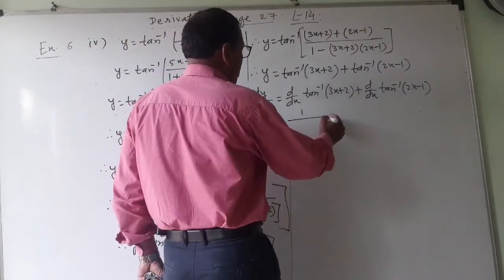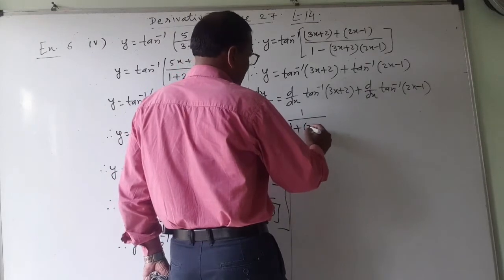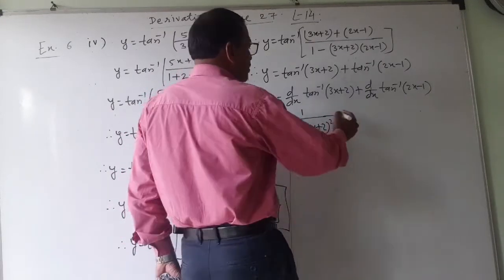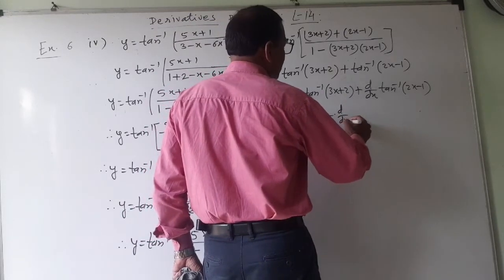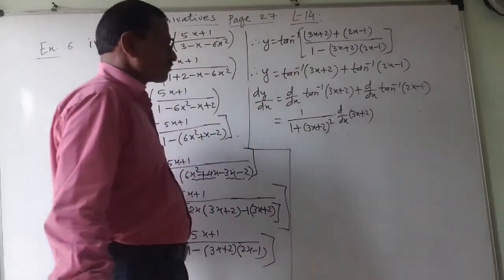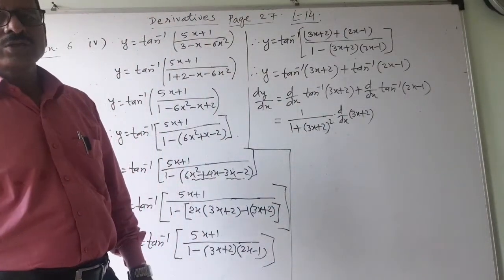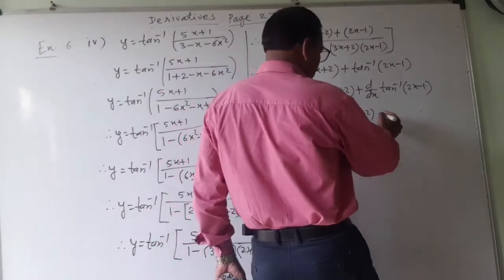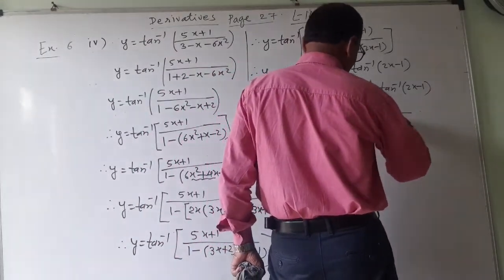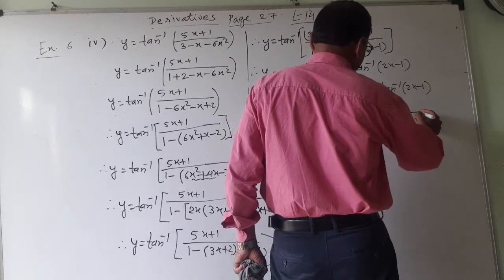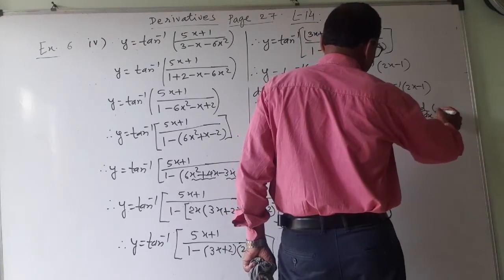So 1 upon 1 plus (3x plus 2) bracket square into the derivative d by dx of 3x plus 2, plus 1 upon 1 plus (2x minus 1) bracket square into d by dx of 2x minus 1.